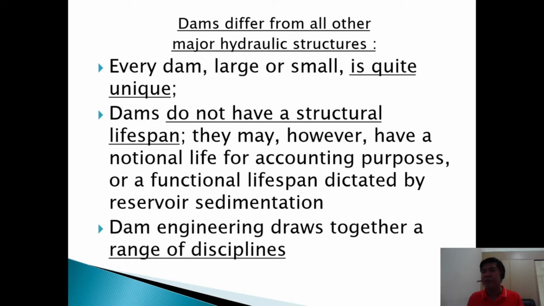There are people who are experts in negotiating with those who will be affected by the construction of the structure, one of which is their land, then their houses that will be flooded and become part of the reservoir area. So there are a lot of problems that may arise. That's why it includes a range of disciplines, not only civil engineering. Of course, the technical part will be the engineering part, and there are other parts that should be considered.